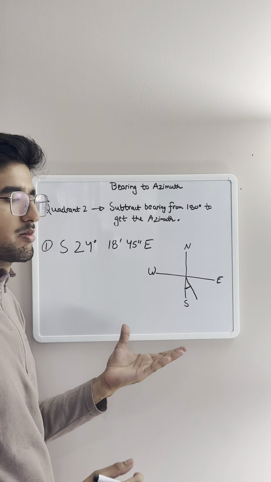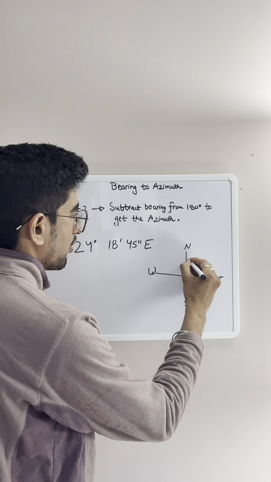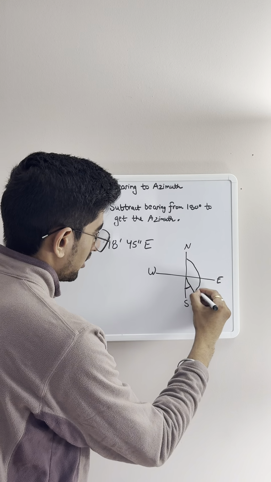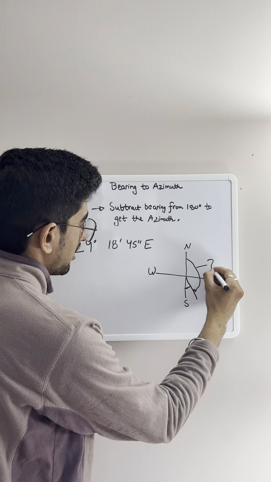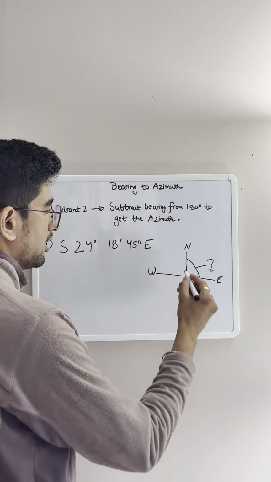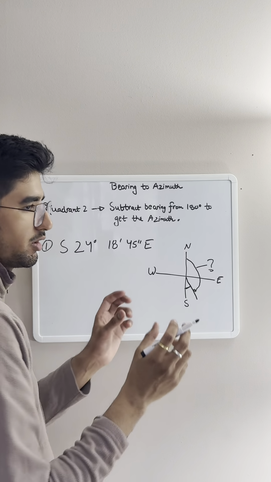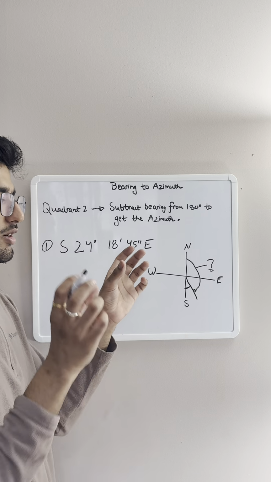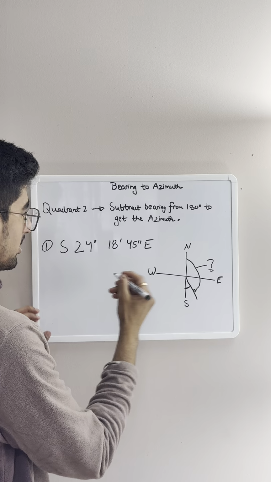So what is azimuth basically? Azimuth is always referenced from the north, as we know. So we have to find this angle, and we know this one. Just doing basic maths, this whole angle is 180 degrees. If we do 180 degrees minus the bearing angle, you will get our azimuth.